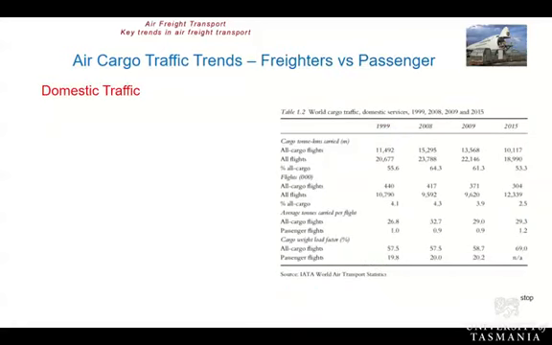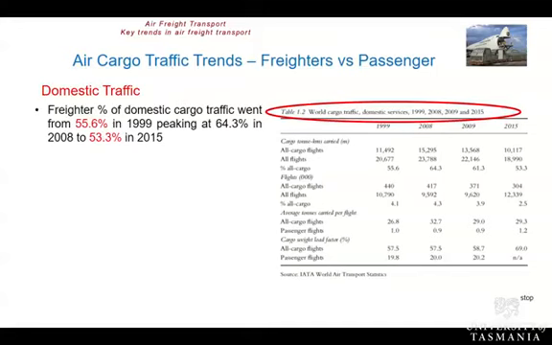And finally, just a quick snapshot of freighter versus passenger, but on a domestic perspective. Using the same time period from 1999 to 2015, what we see there is similar evidence.